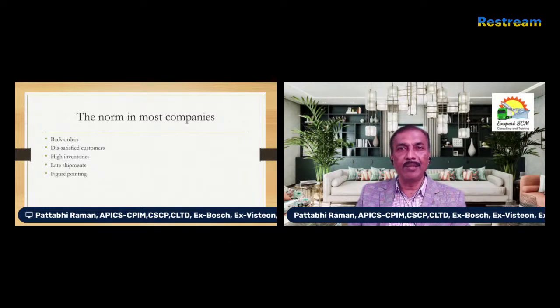Finger pointing: in any meeting, you will see that the finger especially comes to supply chain people. The problem can be in marketing or production or quality, any other function, but the finger pointing especially happens towards the supply chain guy, so it is a critical job. And finally, it could also lead to cash flow problems in the organization.